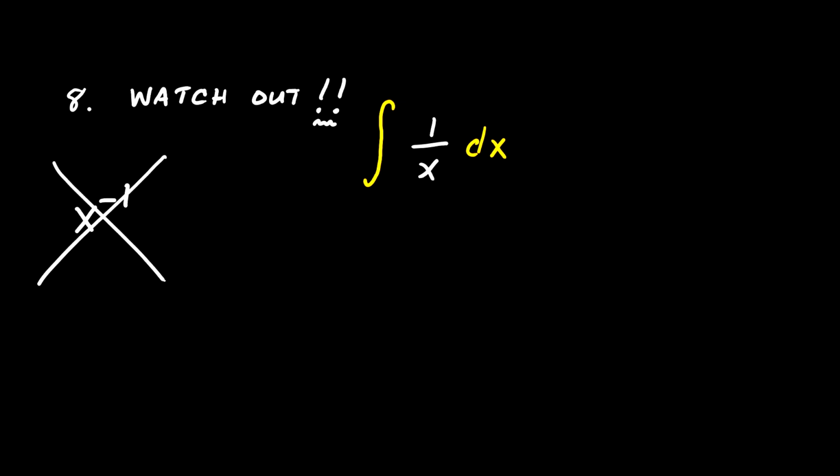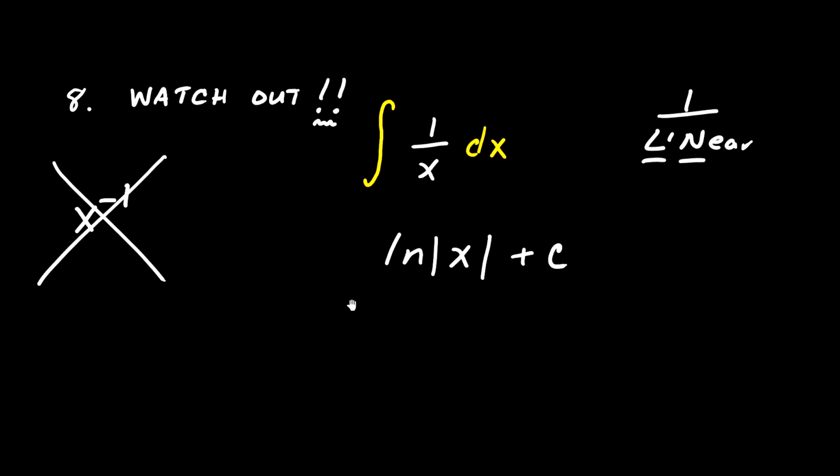We're going to have to remember that 1 over a linear function is going to make us think of, there it is, ln, okay? So 1 over x is the derivative of ln of x. But watch out. With 1 over x, the domain is x not equal to 0. For ln of x, it's x greater than 0. So we will include absolute value bars here, and it becomes ln of the absolute value of x plus c. It is not the power rule. More to come.